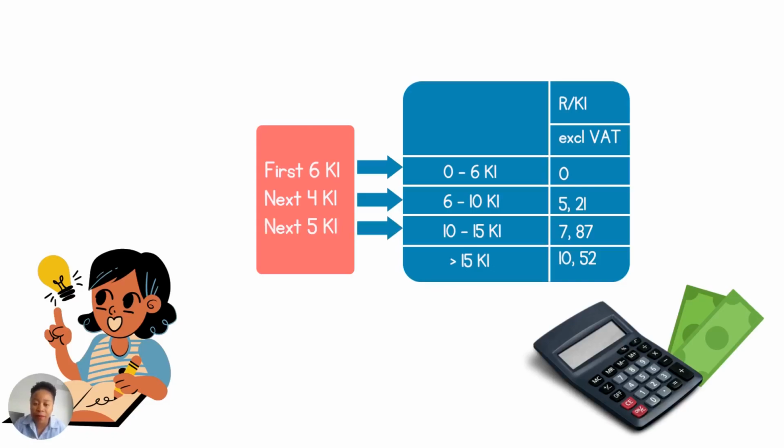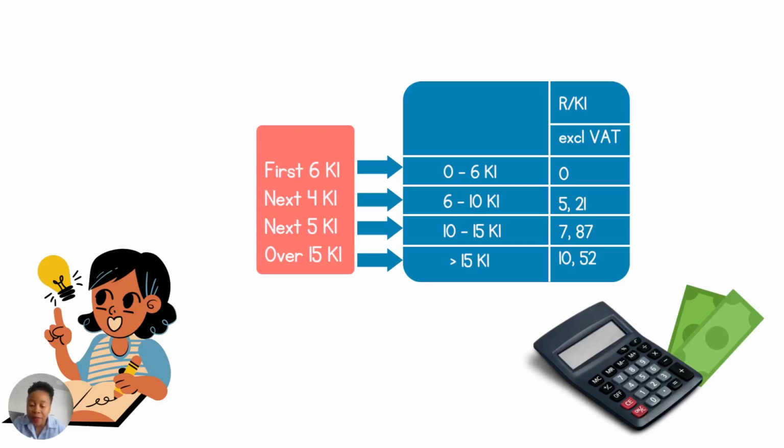And then next, between 10 to 15, that is the next 5 kiloliters, because 15 minus 10 is equal to 5, you will be charged 7 rands and 87 cents for those kiloliters. And for anything above 15 kiloliters, you will be charged 10 rands and 52 cents.